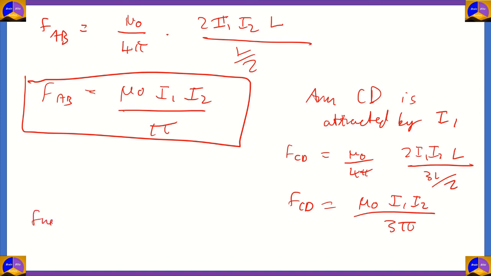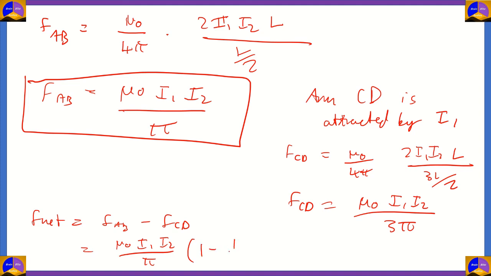So now we need to find out the F net. Net force here is FAB minus FCD. It has to be the difference because FAB is greater than FCD if you look at it. So as you can see, mu naught I1 I2 divided by pi, these terms are common in both the forces.